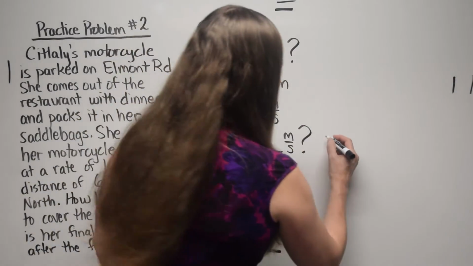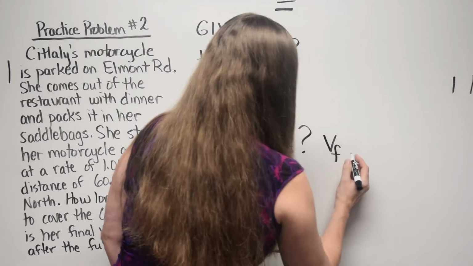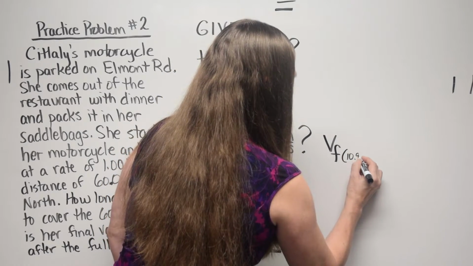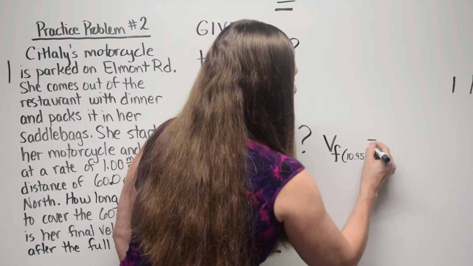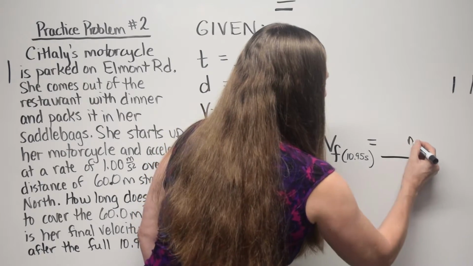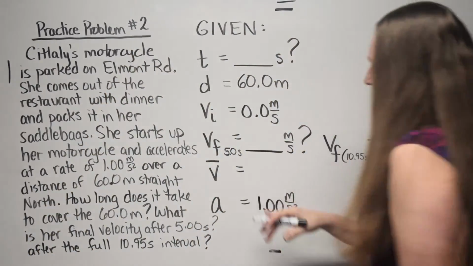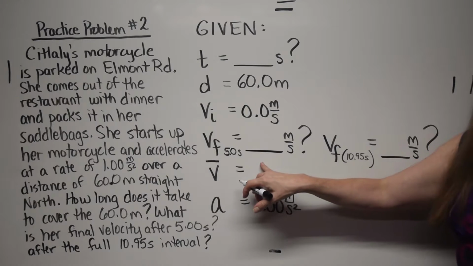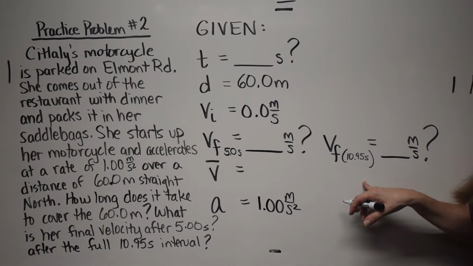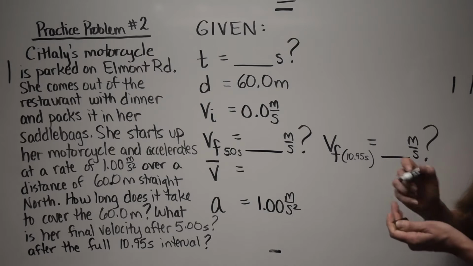So we want to know a second V final at 10.95 seconds. So we want to know how fast she's going at the end of 5 seconds, and then how fast she's going at the end of 10.95 seconds.